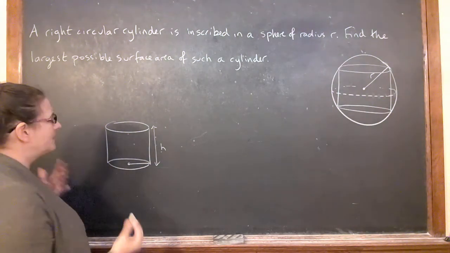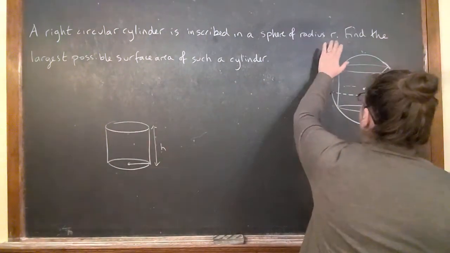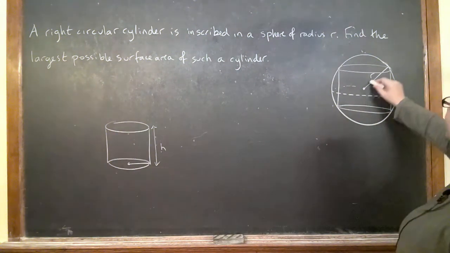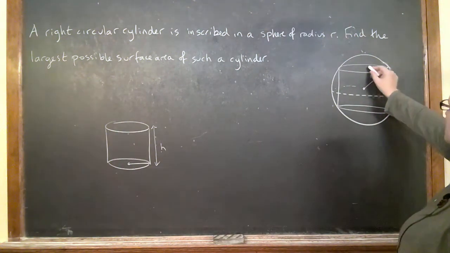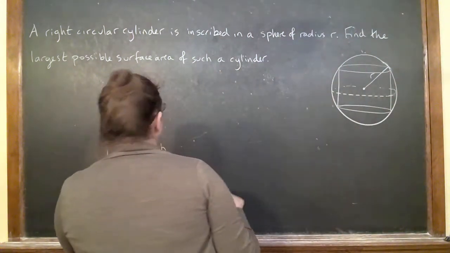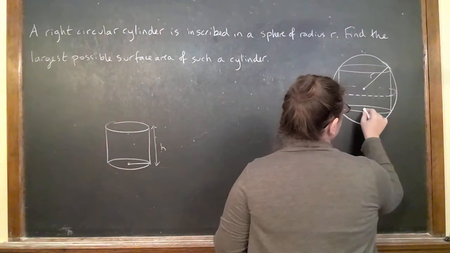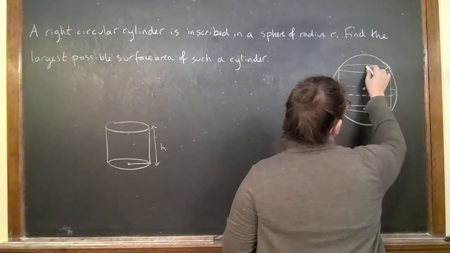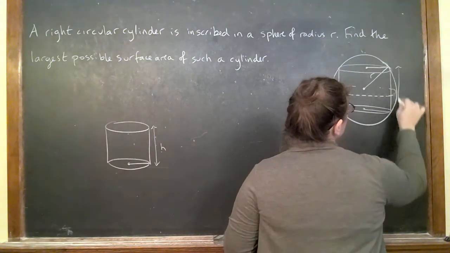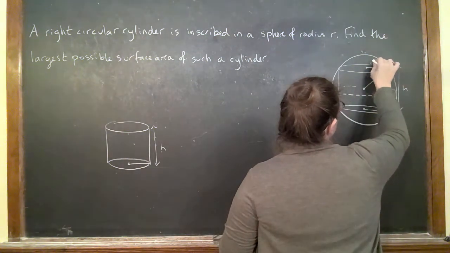Usually we use an r, but I don't want to use r here because r was already given to us in the problem as the radius of the sphere. So let me give this some other name. I'm going to name it A.